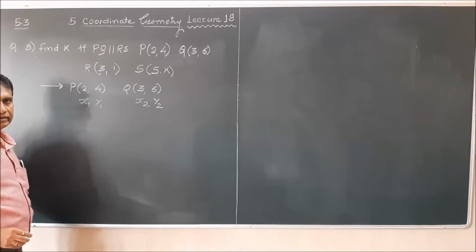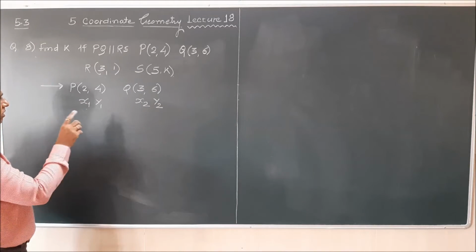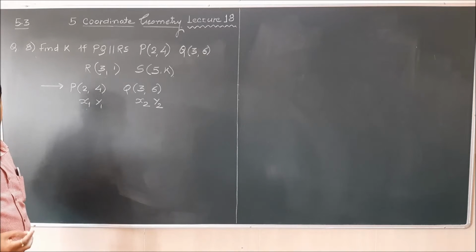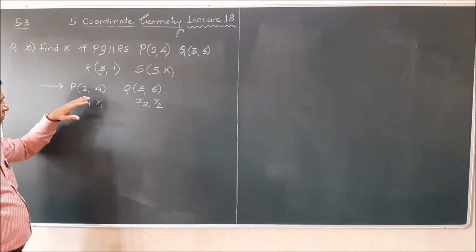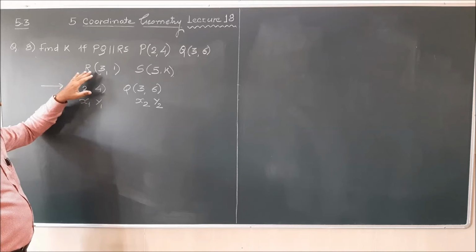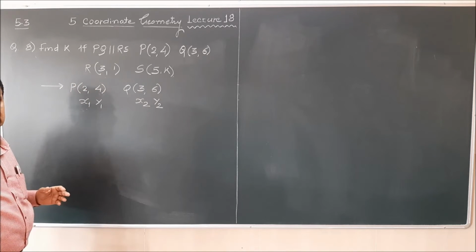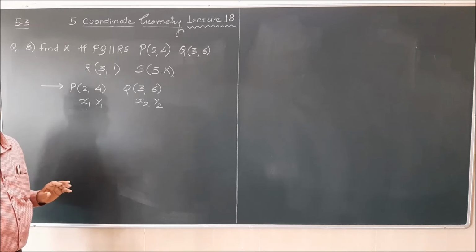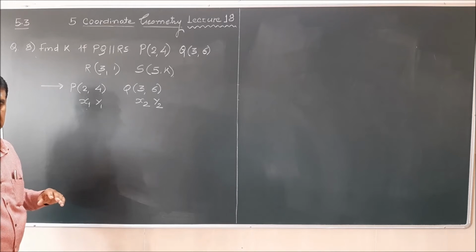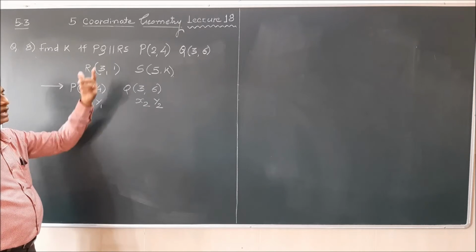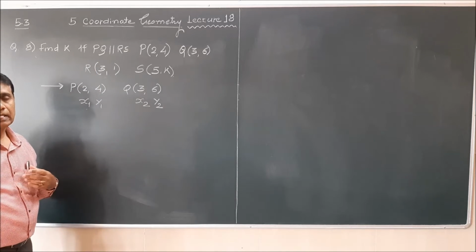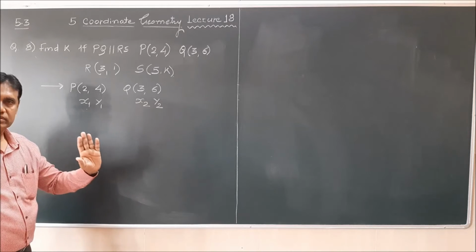Now I am going to find out the slope of PQ by slope formula. And after finding out slope of PQ, after finding out slope of RS, I will equate both the values. The reason is very simple. Because we know the theory that whenever 2 lines are parallel to each other, their slopes are always equal.